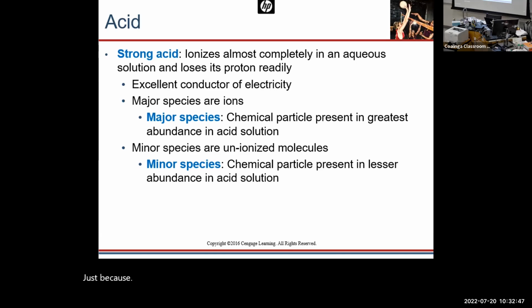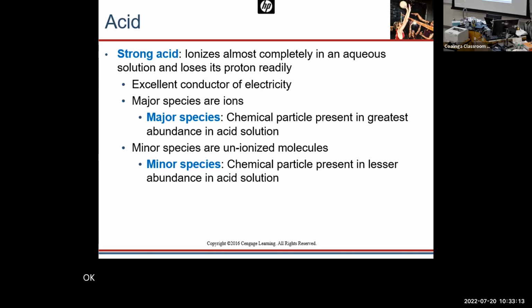It's an acid, right? Anytime it's an acid, it's considered to be aqueous. So, again, hydrofluoric acid.